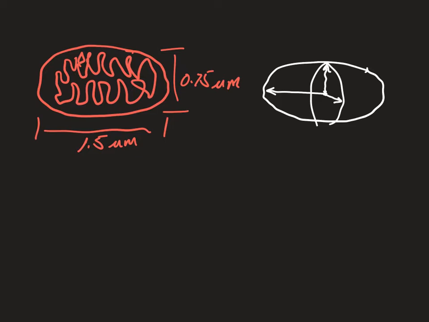So you've got distances A, B, and C. The formula for the volume of an ellipsoid is volume equals 4/3 times pi times A times B times C. And if A, B, and C are the same, then you've got a sphere, and you get the spherical volume of 4/3 pi times that distance cubed, right?